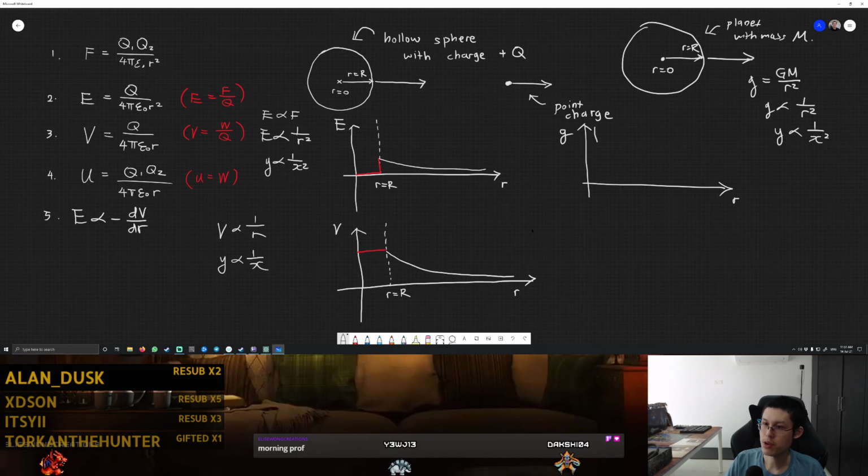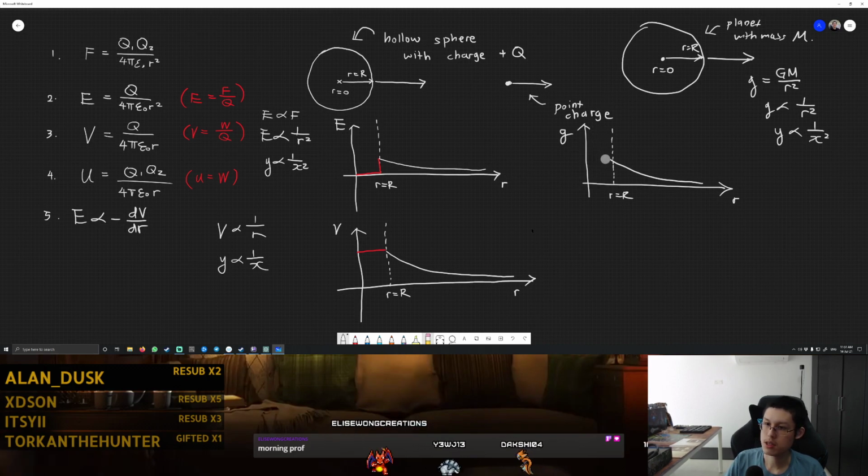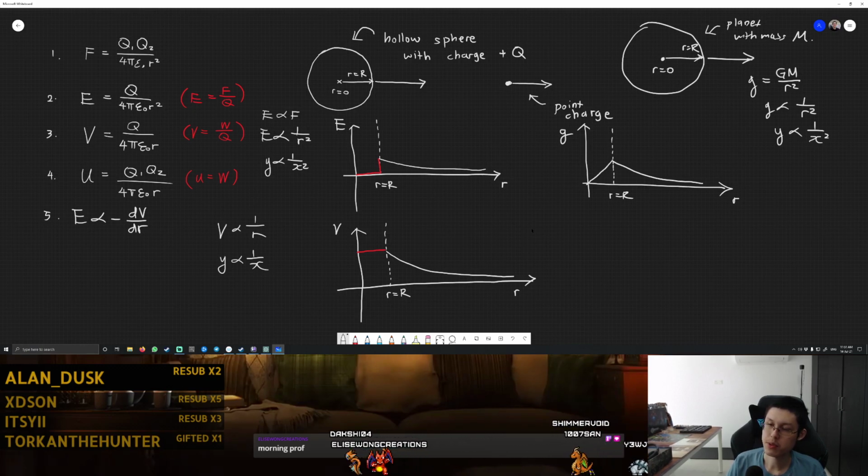So if you were to draw it, it kind of looks like that. Okay, and remember that for gravitational field strength, let's say this is R equals R, this thing actually decreases linearly. It goes like that. One of the main differences between these two models is that this is not a hollow planet.